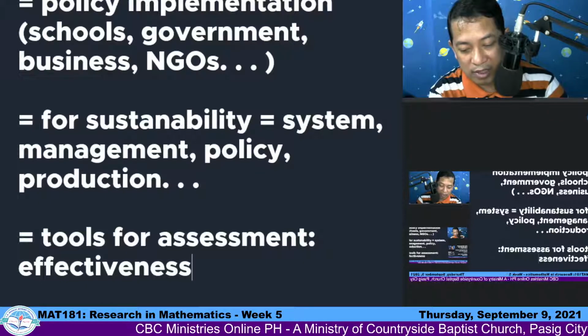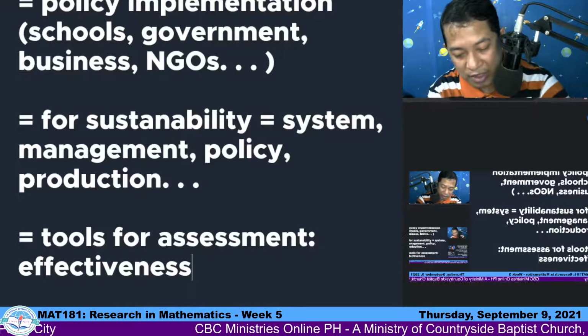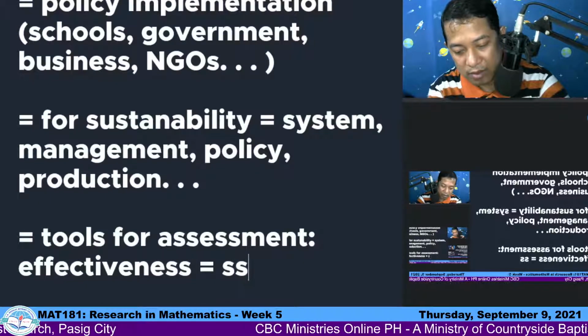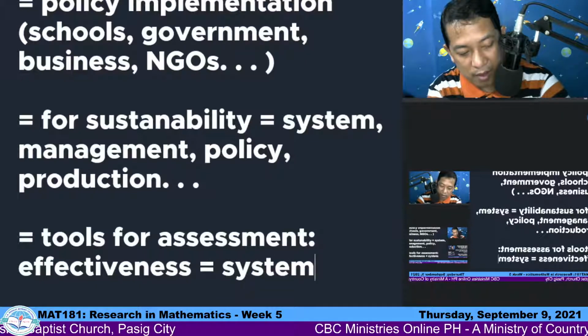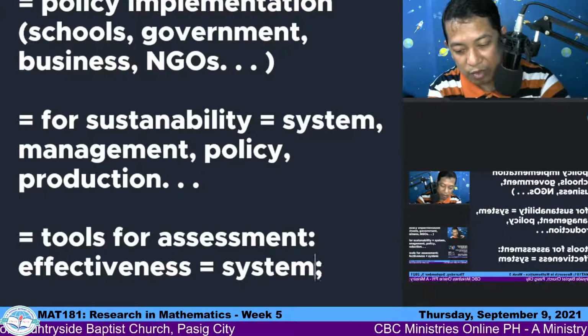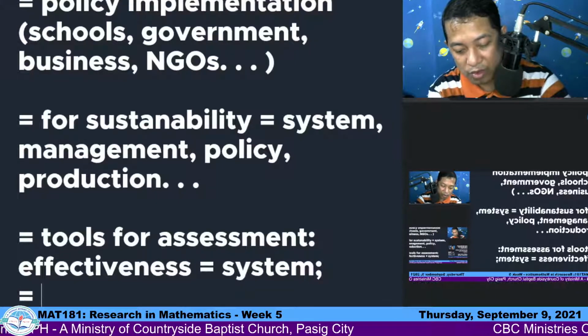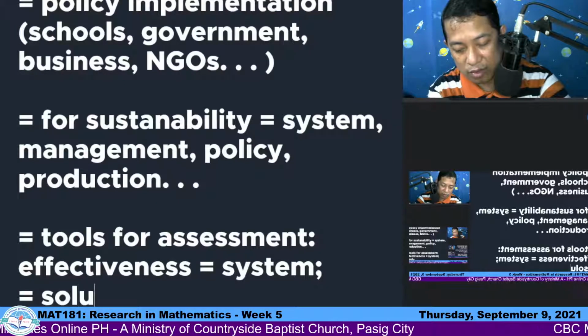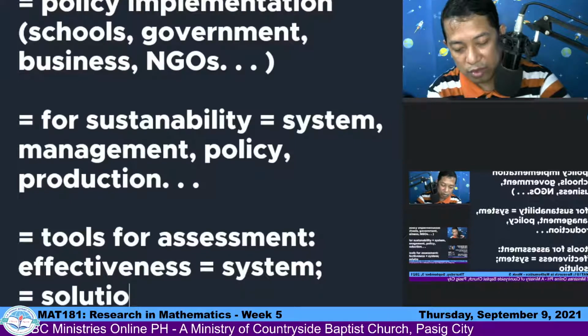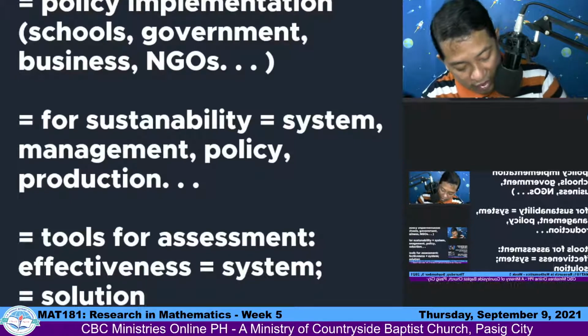So we could assess the effectiveness of a particular system and provide solutions as well. So there must be a provision of solution to a particular situation that we have.